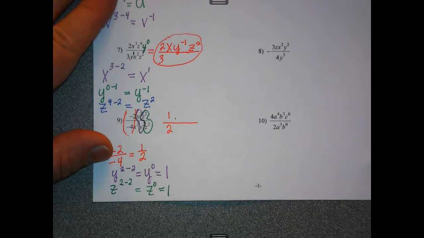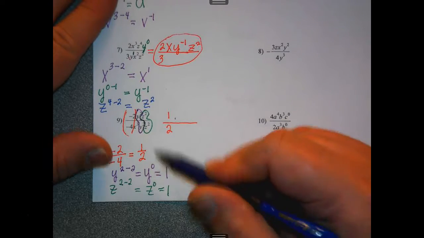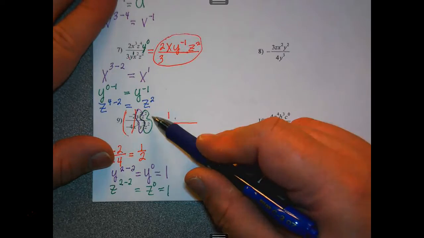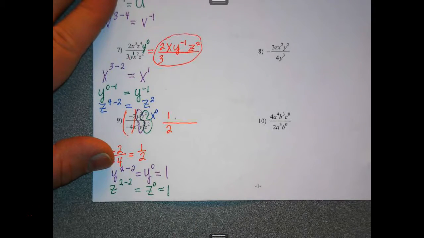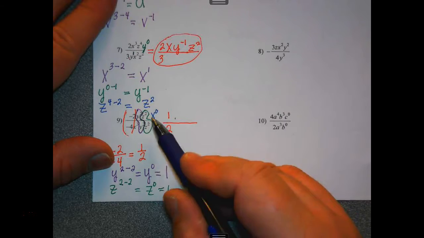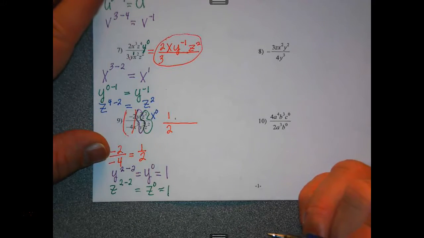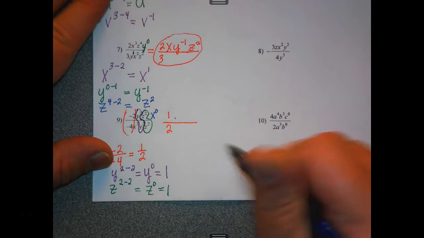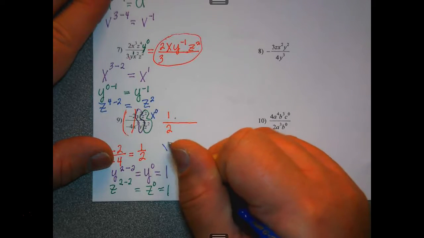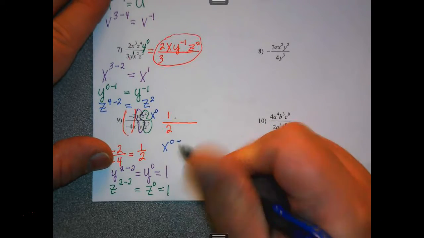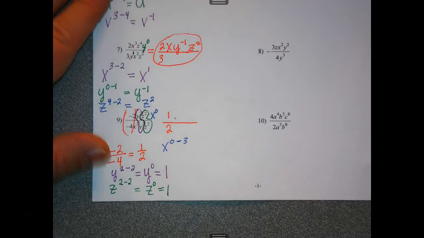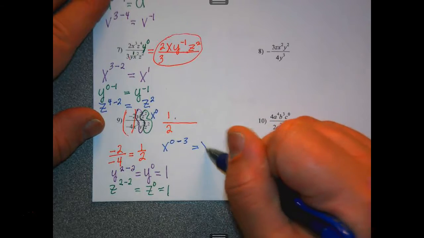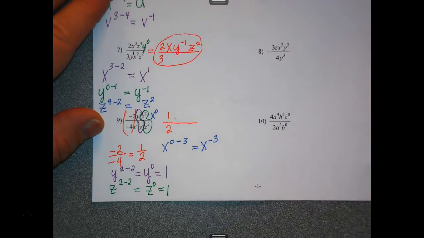If I have one in the denominator, I have one in the numerator. The only way to not show an x term in my numerator is if I had an x to the 0, because that would be a 1 and we won't have to put that in there. So I have an x to the 0 minus the one in the denominator has a 3. So I have x to the negative 3.